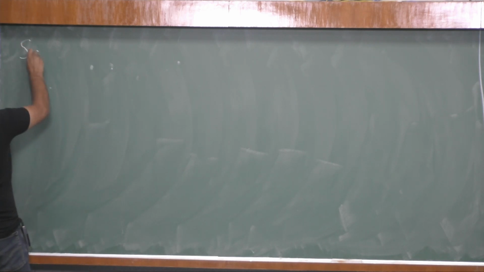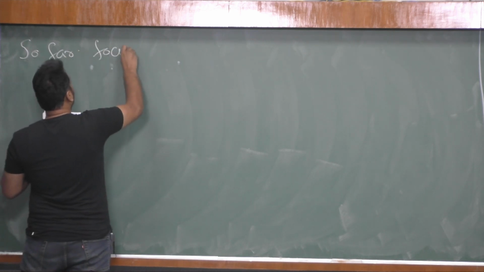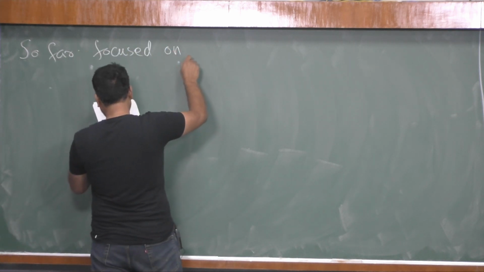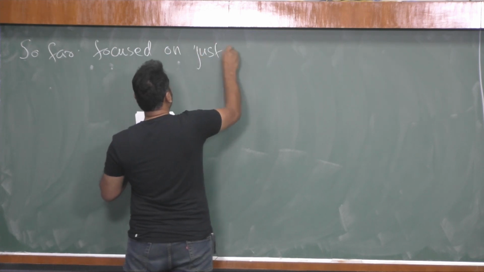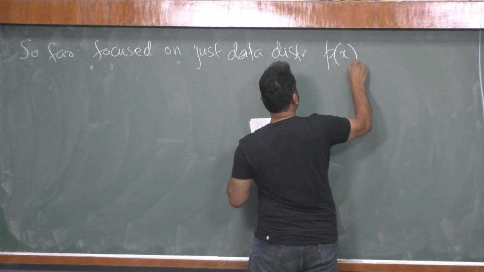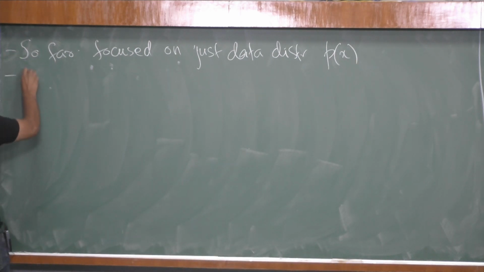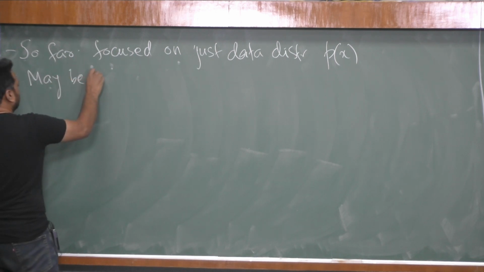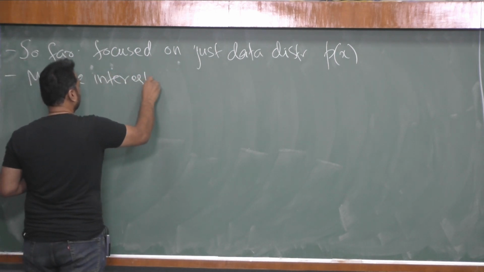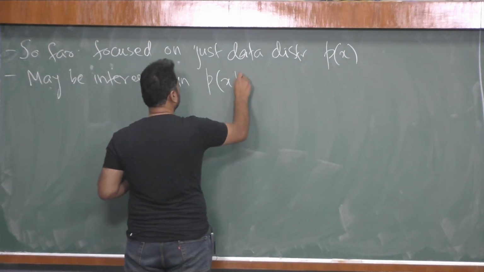So let us try to see this. So far we have focused on just the data distribution, but we may be interested in learning some conditional distributions. So let us say P of x given y.